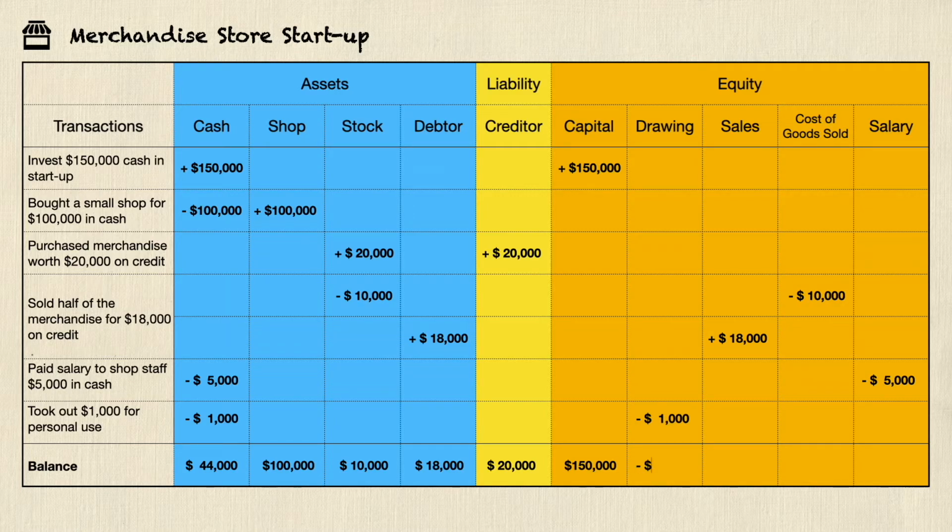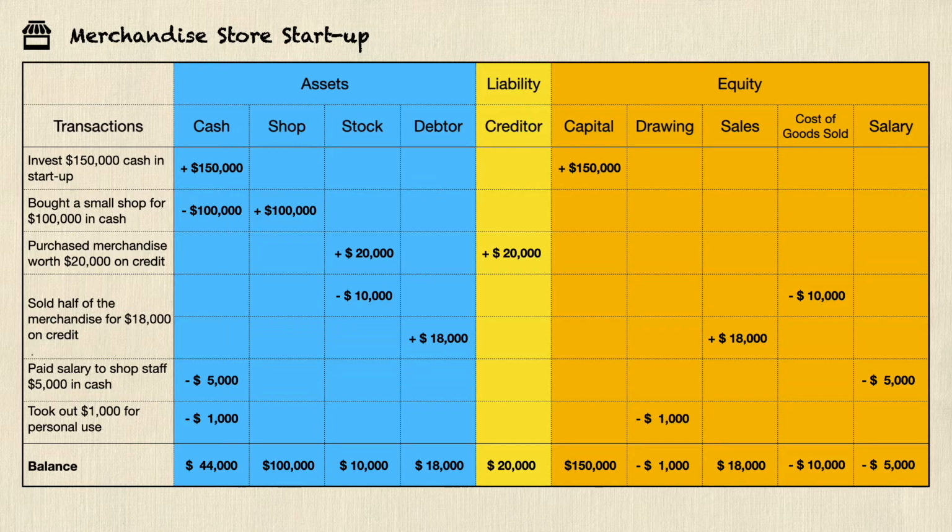There has been a total of $1,000 being drawn out of the business, and the business has generated total sales of $18,000. And in order to generate that sale, the business has incurred a total of $10,000 in the form of cost of goods sold and has incurred salary expense of $5,000.